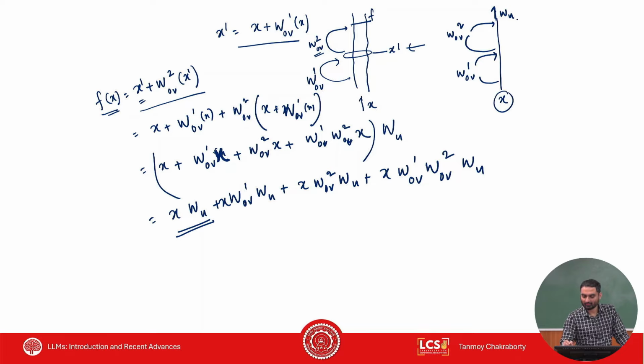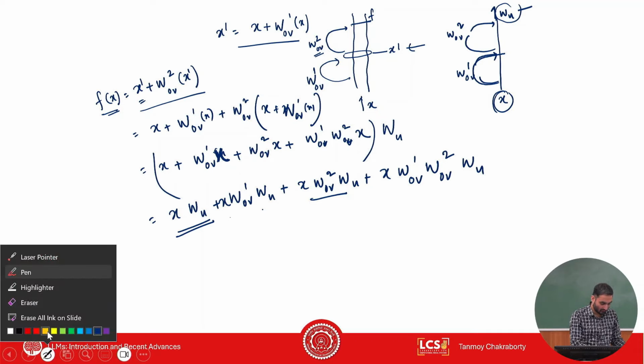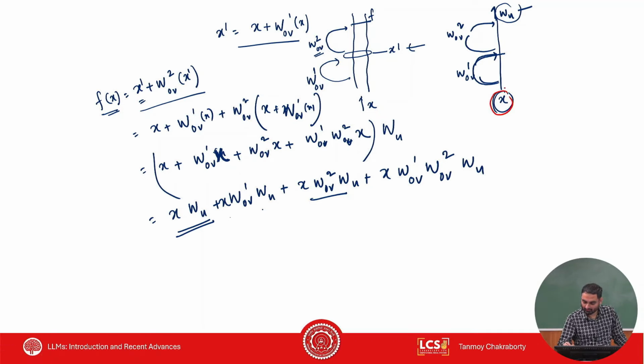Input has been multiplied with the unembedding layer. What is the second component? The second component is input that has gone through WOV1 and then WU. What is the third one? Input that has not gone through WOV1, but has gone through WOV2 and then WU. What is the fourth one? The fourth one is x, which has gone through WOV1, then WOV2, then WU.